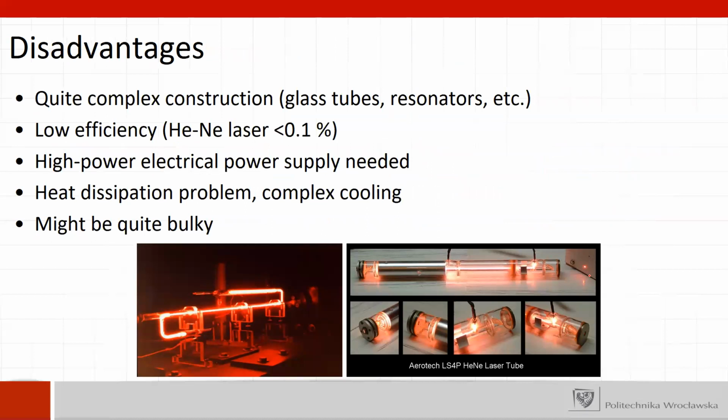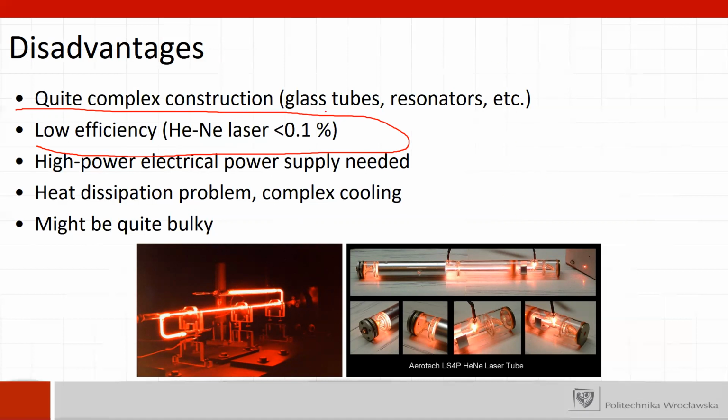Among the most important disadvantages, the low efficiency is also one. In the case of a HeNe laser, we sometimes have less than 0.1% efficiency. However, on the other hand, we get a beautiful, very narrow spectral line.